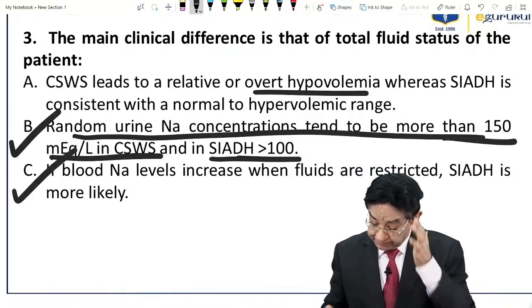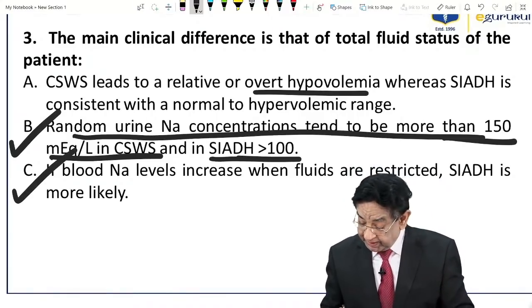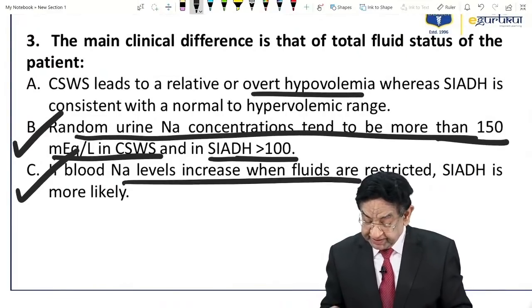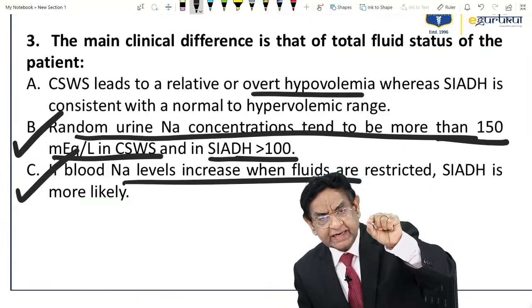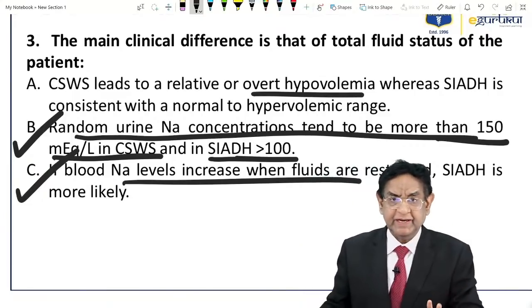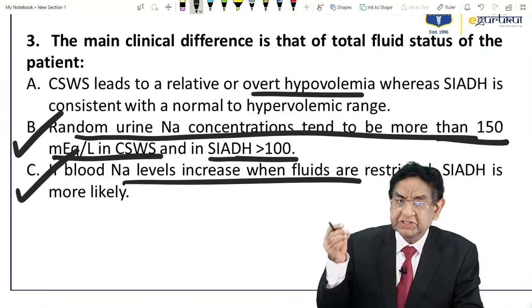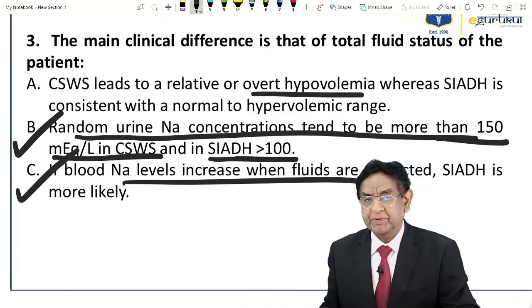And moreover, when we restrict the fluid, the sodium level will increase in SIADH. Restriction of fluid is the single most important treatment of SIADH.